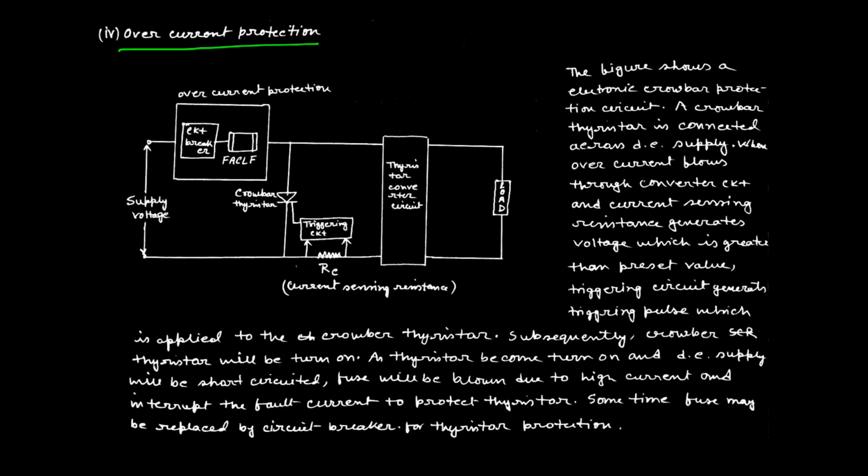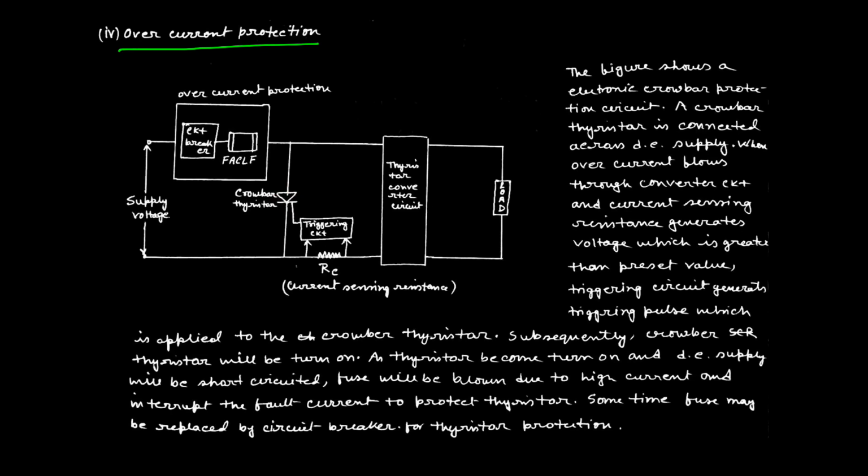Then the triggering circuit can generate a triggering pulse, which is connected to the gate terminal of the crowbar circuit, which is a kind of SCR. When the triggering pulse is given to the crowbar thyristor, it starts working, in the conducting state.